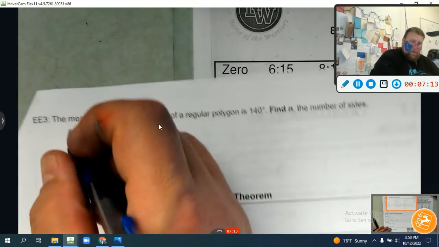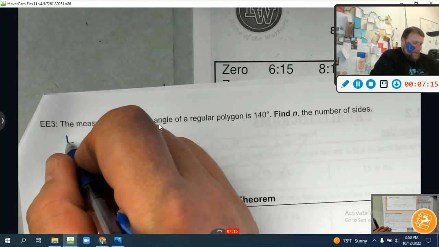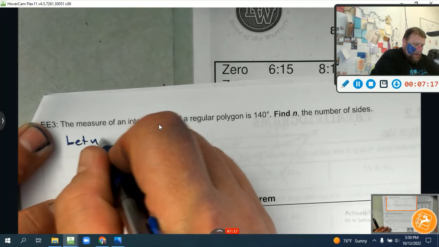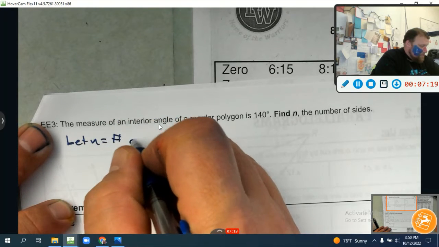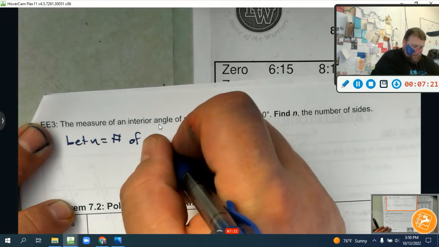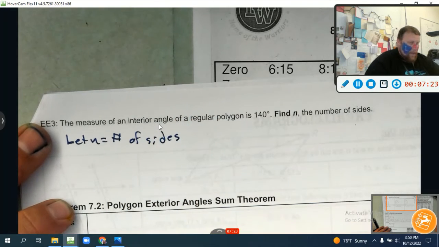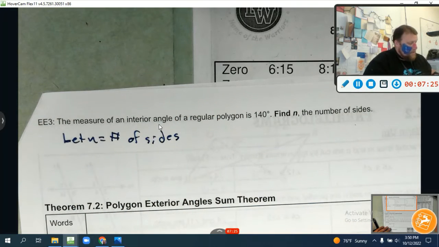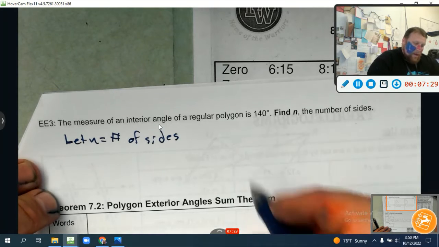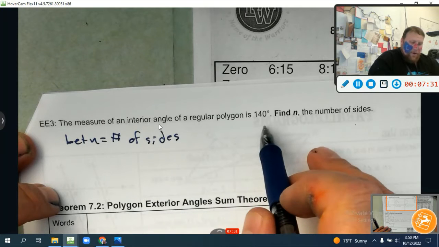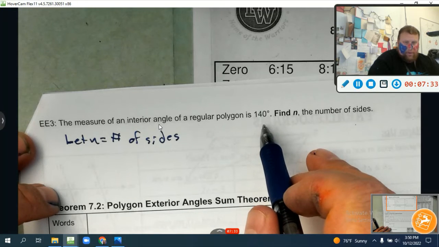So, we're going to let n equal the number of sides. This one's a little challenging. I'm going to tell you that right here. This is the measure of just one interior angle.